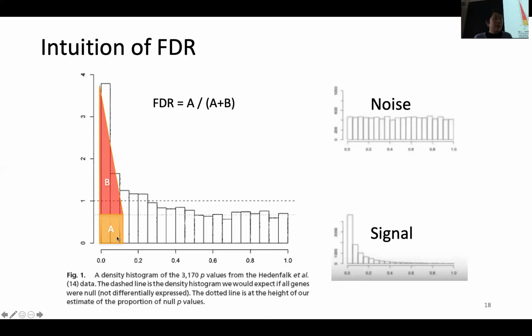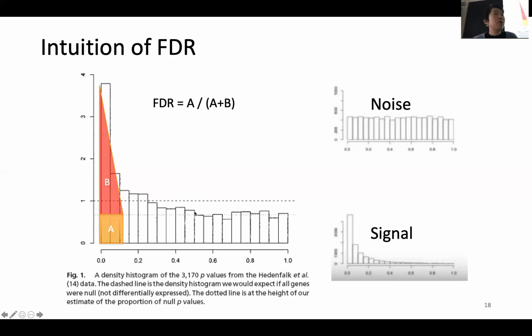So basically the intuition is that at every particular p-value cutoff, the A part is coming from random noise, and the B part is the real signal, and the false discovery rate is roughly A divided by A plus B. So A plus B is all the genes you're calling below that p-value. And the potential false positives are estimated based on this lower dotted line, which you estimate based on the right side.